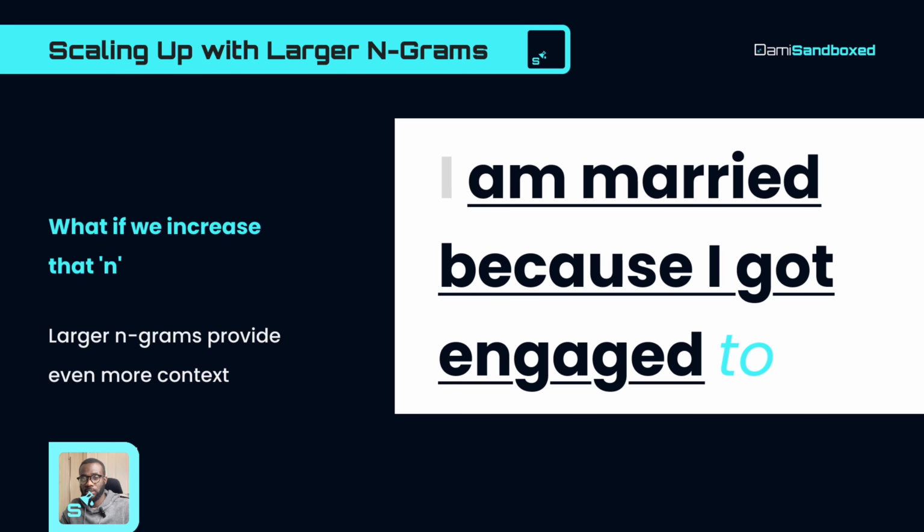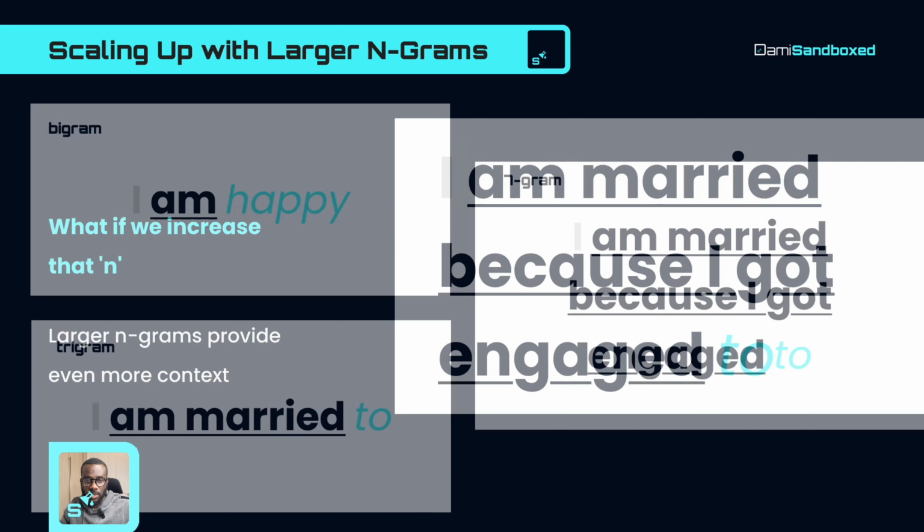We're going to see that in the example later on in this video. For example, if it doesn't see "I'm married because I got engaged" in its corpus following each other like this, then it's not going to be able to make the next prediction. So that's one downside to having larger n-gram models, right? So that's pretty much it.